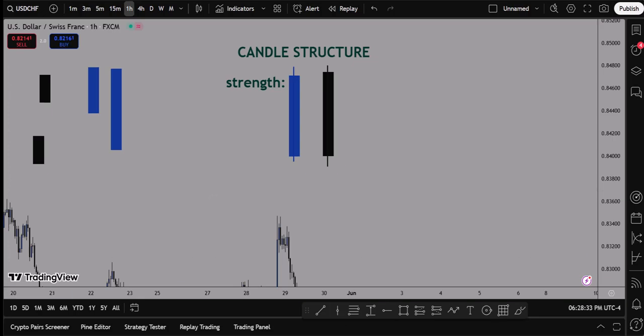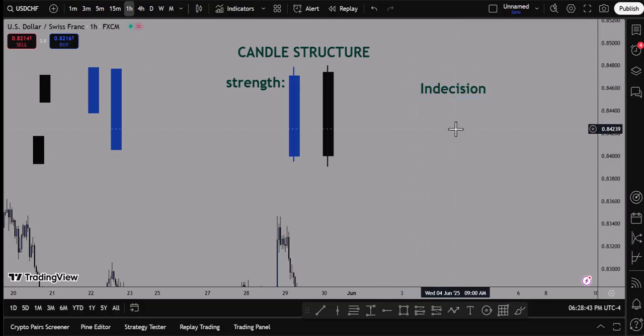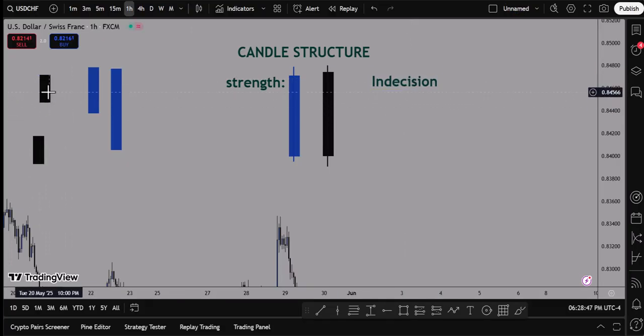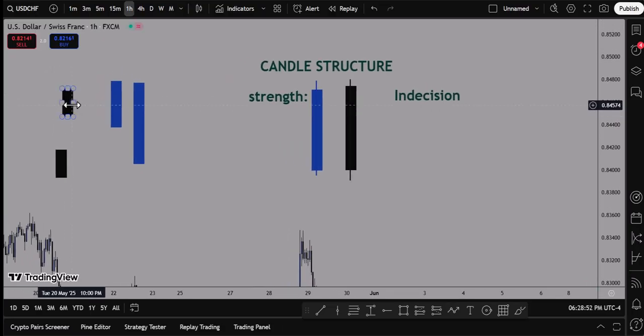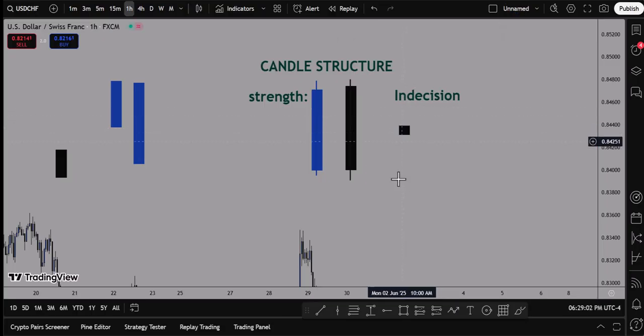The next one is indecision. Indecision bars usually have a small body and then a long wick, whether they are bullish or bearish.